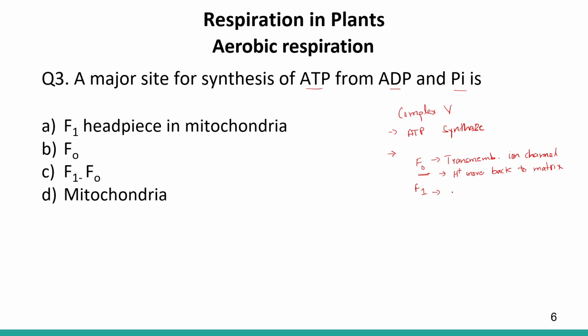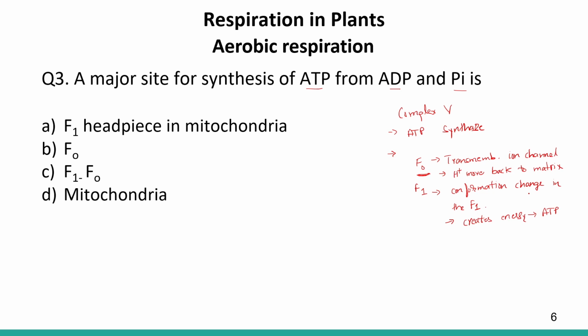And what happens in F1? As the protons move through F0 into the matrix, there is a conformation change in the F1 part, or you can say a mechanical rotation. This conformation change creates energy for the synthesis of ATP.